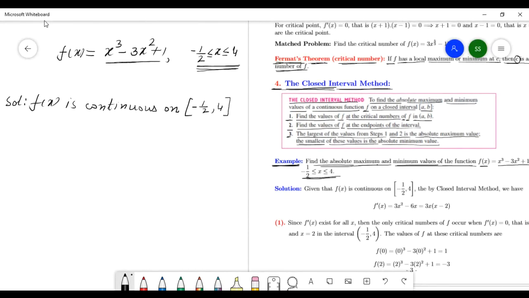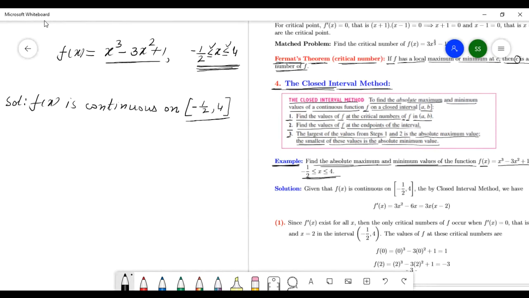This is a closed interval here, less than or equal to, meaning closed. The function is continuous on this interval. If a function is continuous on a given closed interval, then you can use the closed interval method.